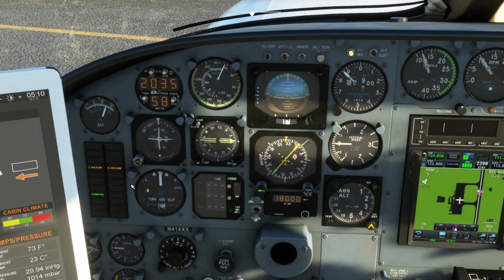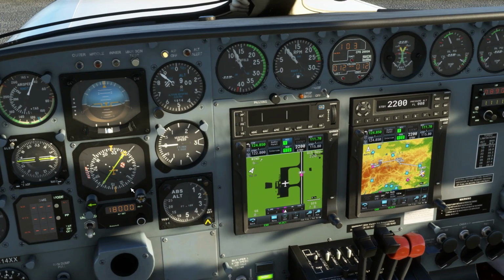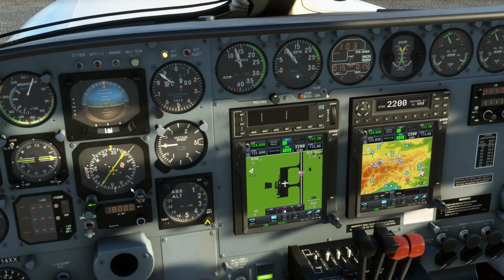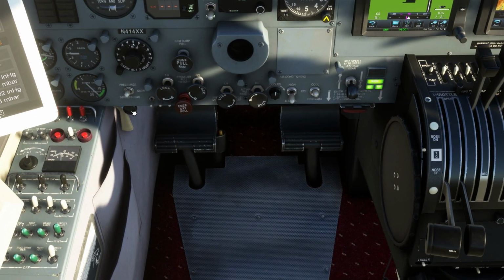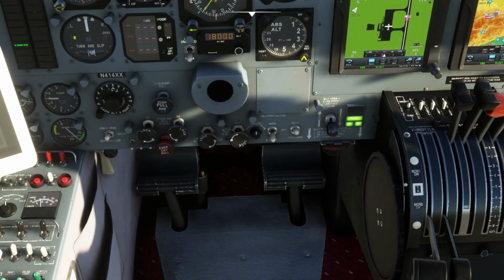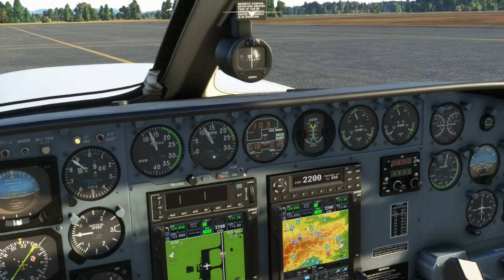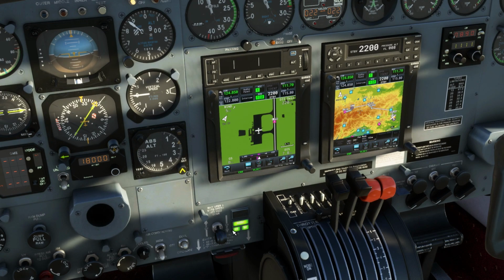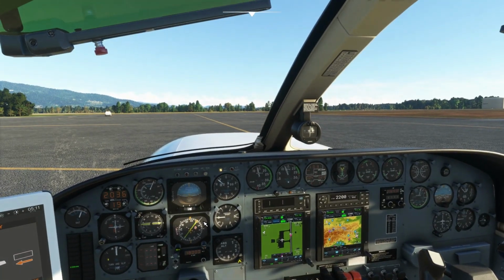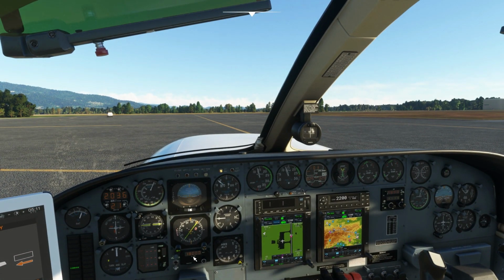So let's put in some RPM to have the aircraft moving. Oh, this is on, this is off. Yes. Okay. Yes, we are moving.